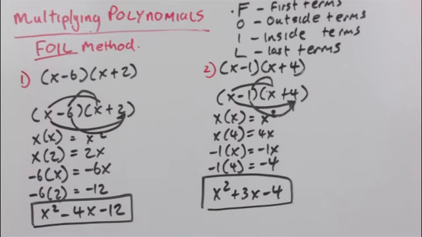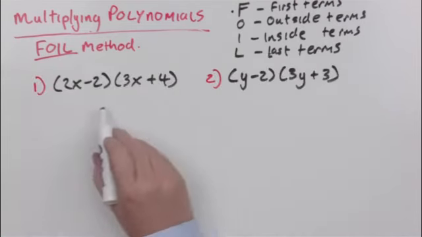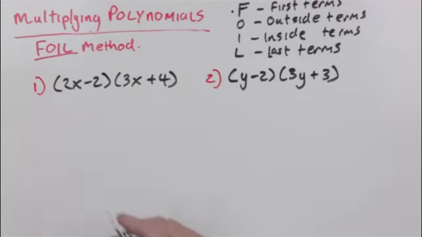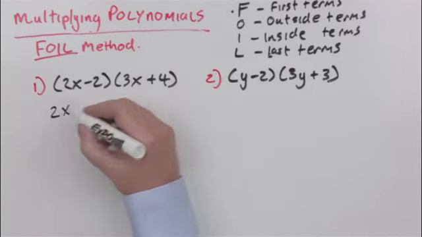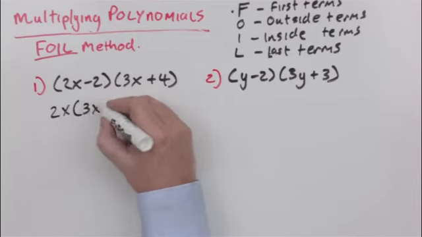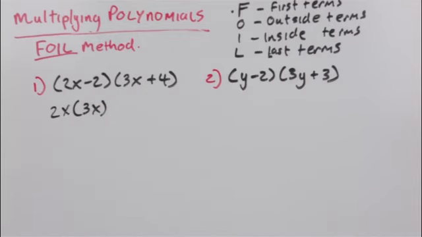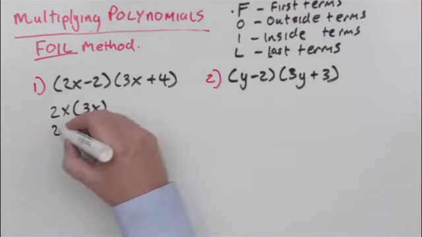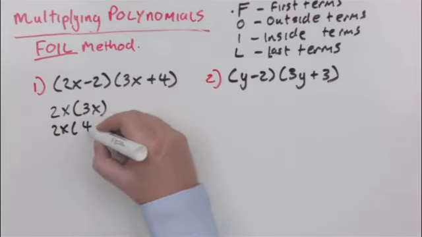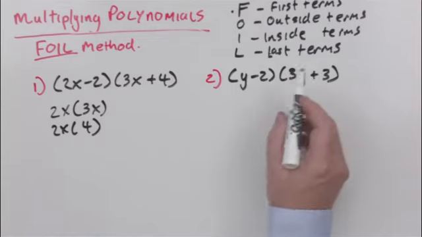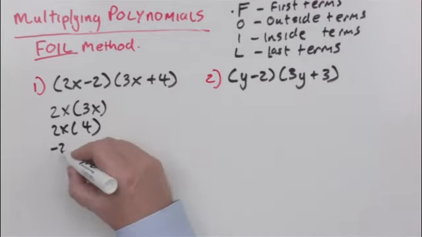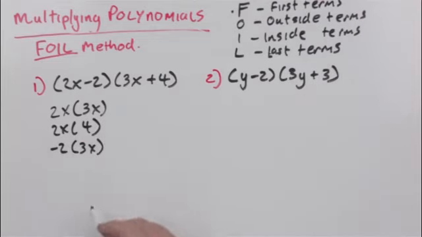Great. Okay, let's look at another example of the FOIL method. So here I'm going to multiply the first terms, 2x times the 3x. Then the outside terms, 2x times the 4. Then the inside terms, negative 2 times 3x.